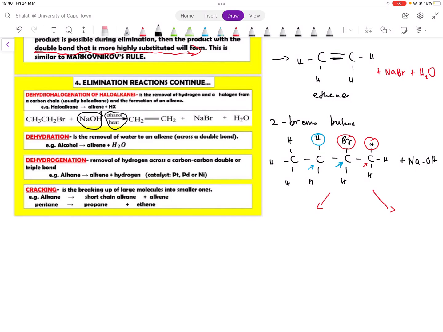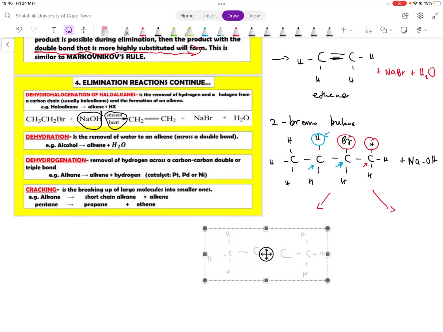So let's draw the first case. I have this, then this hydrogen is gone, so I'm going to form a double bond. The Br is gone, so the last carbon remains as it is. That is the first possibility.